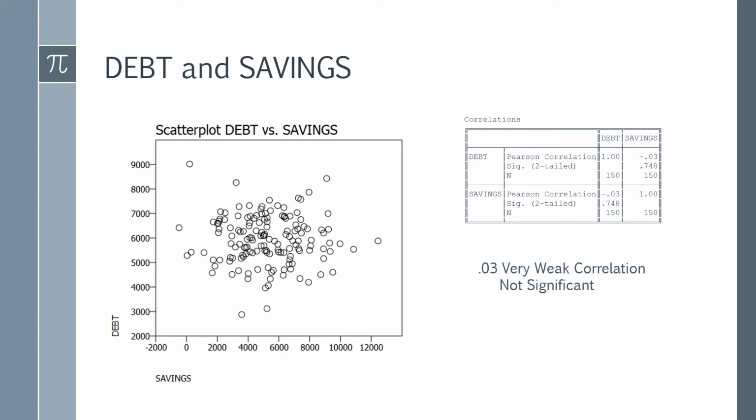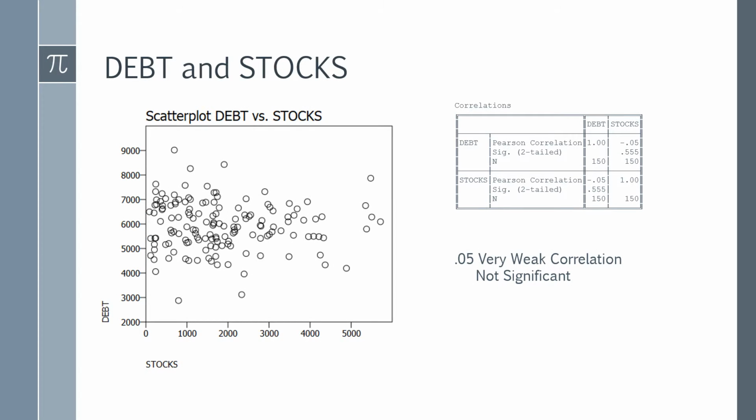When we analyze the debt and savings variables, we found a 0.03 very weak correlation, therefore is not significant. When we analyze the debt and stocks variables in the PSPP software, we found a 0.05 very weak correlation.